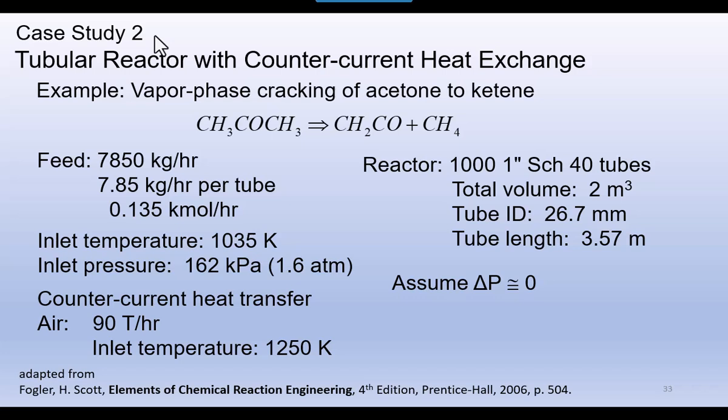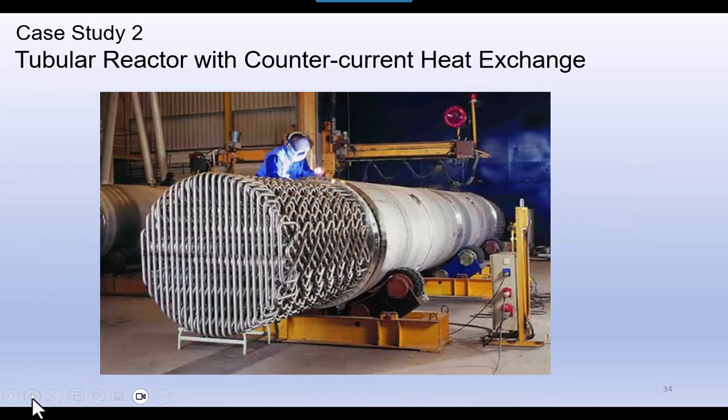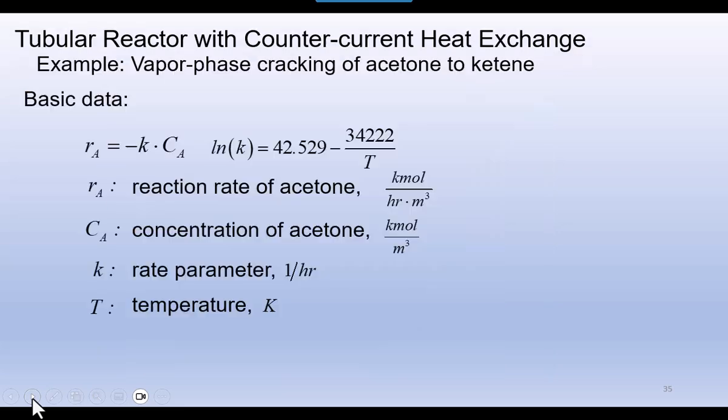Okay, so I've just included here a picture of what one of these reactors might look like. It's not the actual one that we'd be dealing with here, but the idea of having these reactors with a large number of tubes and having heat transfer associated with the outside of the tubes is a common configuration for certain chemical reactions.